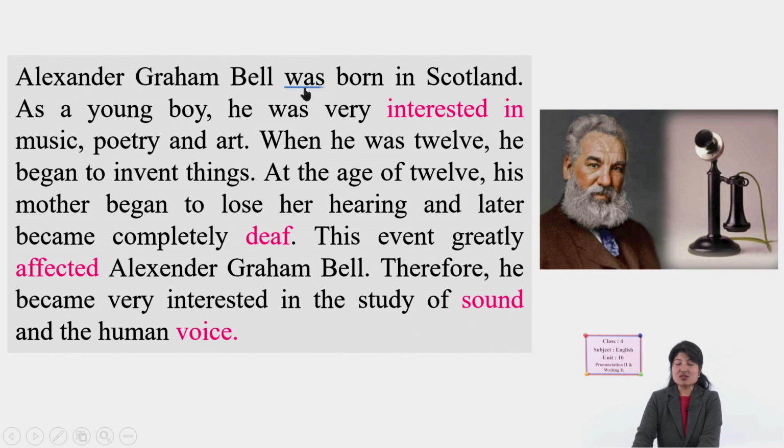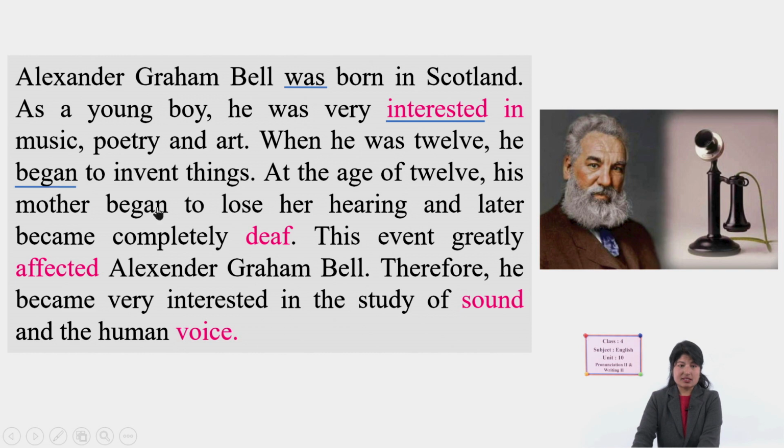Yes, of course, was, is, was. Then one more was is here, so it is repeated. Let's not underline it. Let's move to another, and that is interested. Interest is the present form, the past is interested. Okay, then was again repeated. What is there next? Okay, began.